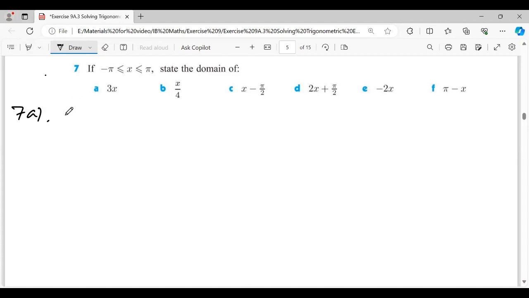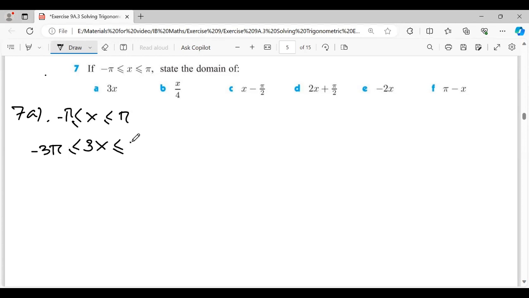7a. If x has interval negative pi to pi, and if x becomes 3x, it means negative pi should be times 3. Negative 3 pi.